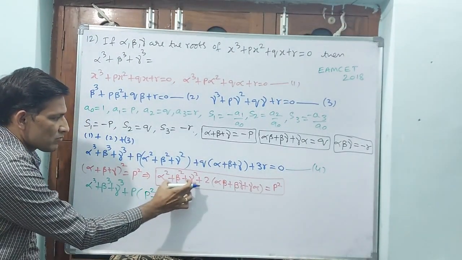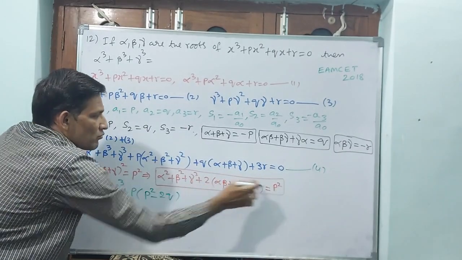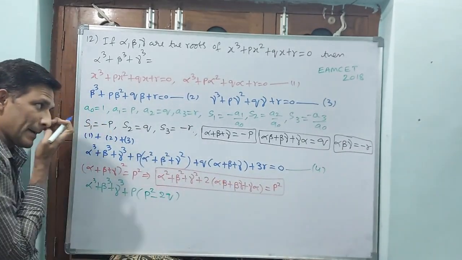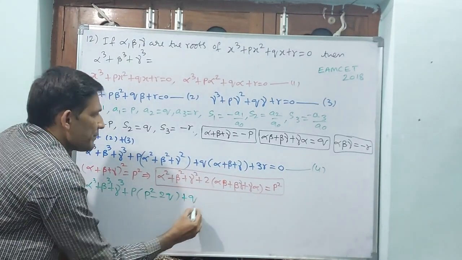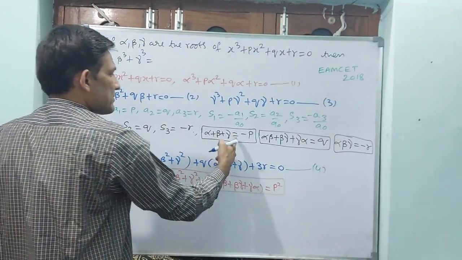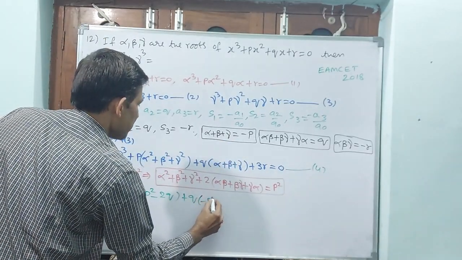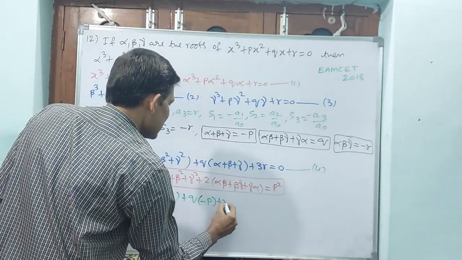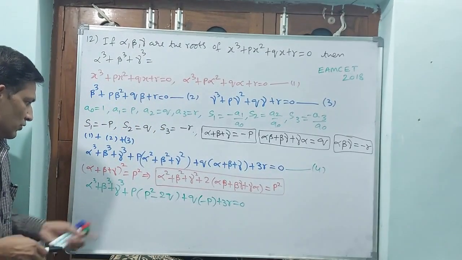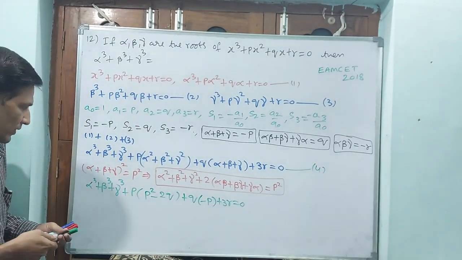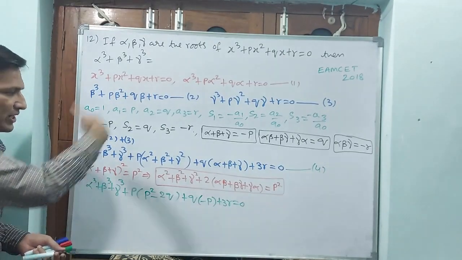Because alpha square plus beta square plus gamma square is equal to p square minus 2q. Now plus q into alpha plus beta plus gamma minus p plus 3r. 3r you don't do anything, you keep it like this only. Now you send p also inside.